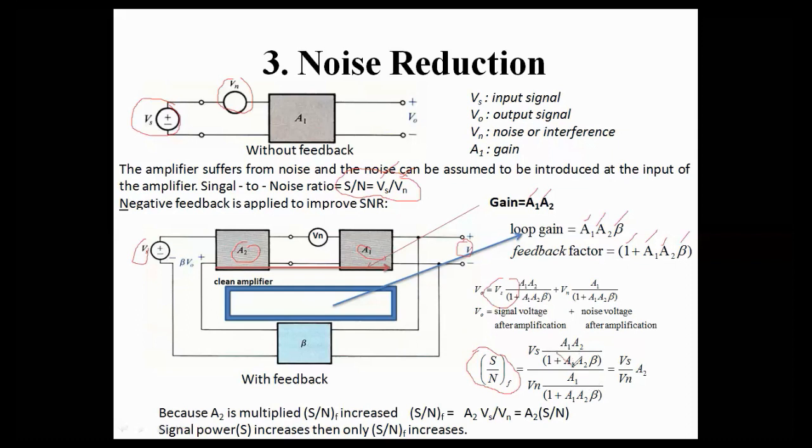The 1 plus A1 A2 beta terms cancel, and A1 and A1 cancel. We get Vs by Vn into A2. Signal to noise ratio with feedback equals signal to noise ratio without feedback into A2. If the signal to noise ratio with feedback increases, it means the noise is decreasing. It is called noise reduction.